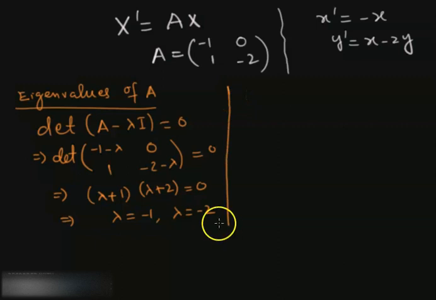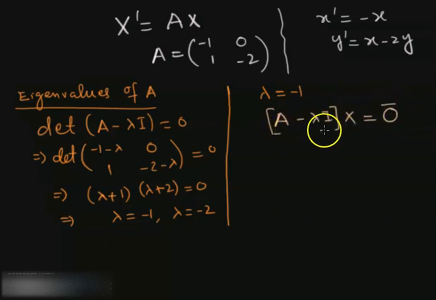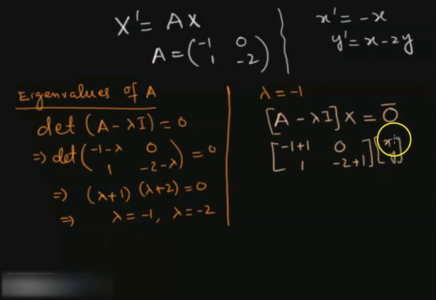Now I want to calculate the eigenvector corresponding to lambda equal to -1, and for this I need to solve (A minus lambda I) times some unknown vector x equal to the zero column vector. This is [[-1 + 1, 0], [1, -2 + 1]] operating onto (x, y), equal to (0, 0).